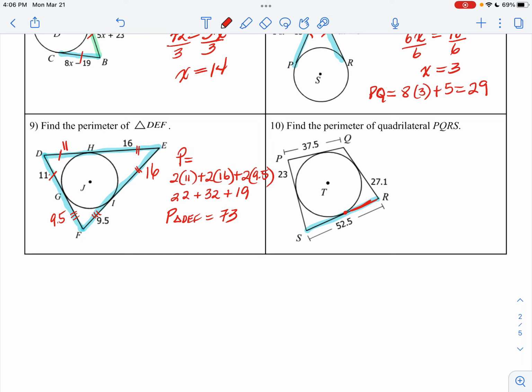I wonder, do we need it? Yes, we do. Think about it for a minute. Maybe turn off the video while you're thinking about why we might need to figure out what that piece is.